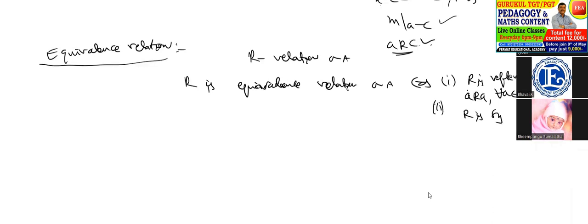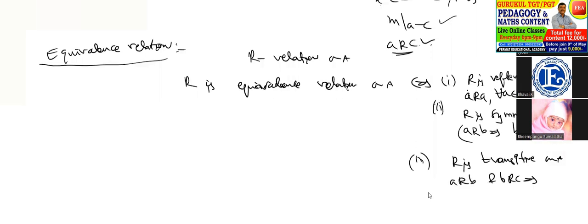Next, R is symmetric on A. What does symmetric mean? When A is related to B, B must be related to A. And the third one, R is transitive on A. That means whenever A is related to B and B is related to C, you need to prove that A is related to C. This is true for any three elements. If that happens, R is an equivalence relation if and only if R is reflexive on A, R is symmetric on A, and R is transitive on A.